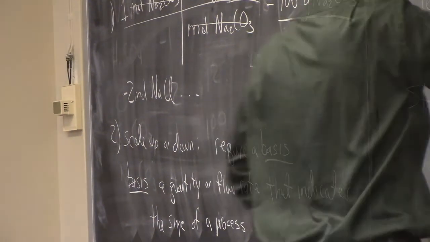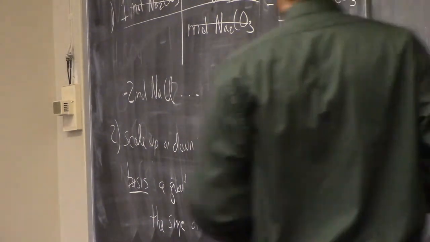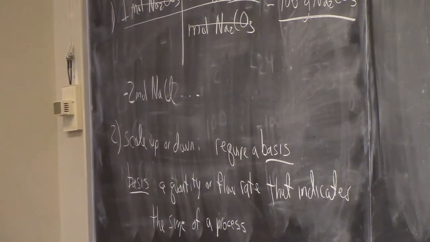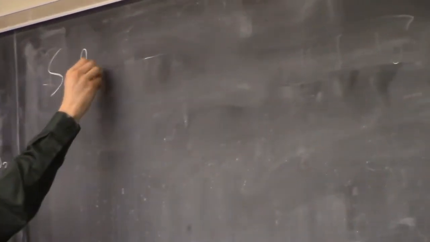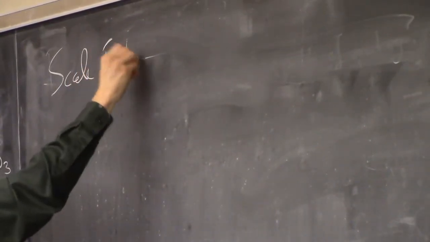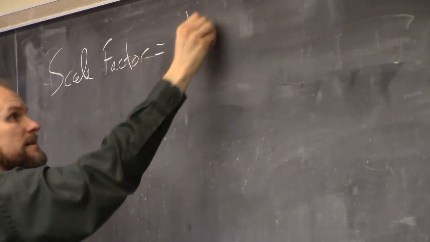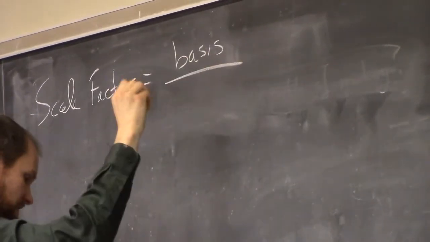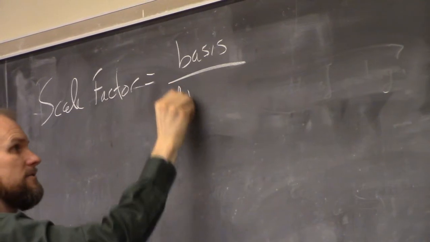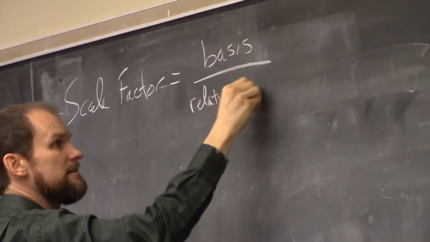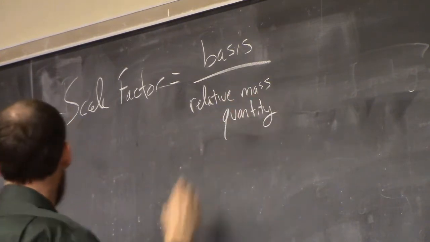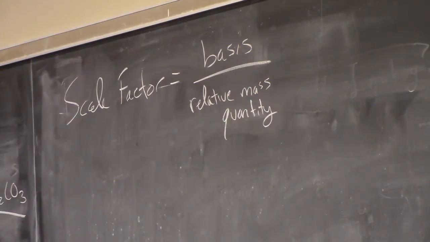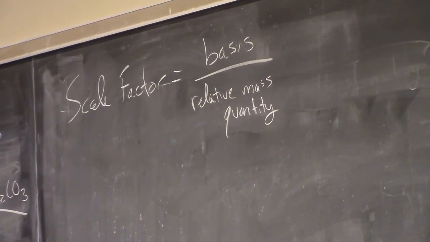That's okay. All right, so our basis in this case is this 1,000 tons. It gives us the size that we're shooting for. Then we can find our scale factor. It's going to be our basis divided by some relative mass quantity. So in this case, 106 grams is a relative mass quantity.